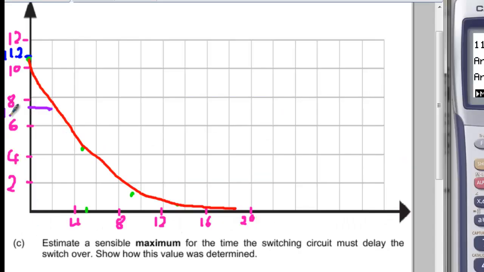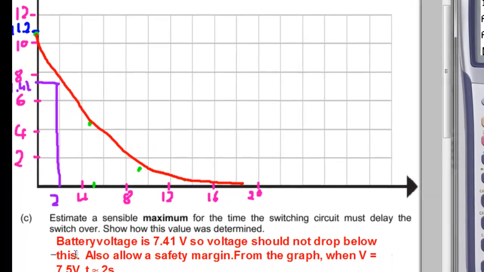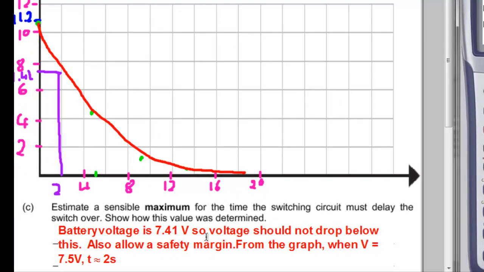So around 7.41 volts is when the switching circuit needs to come on, and we're looking down here at around 2 seconds. Or a written answer, something like battery voltage is 7.41 volts, so voltage should not drop below this. Also allow a safety margin. From the graph, we're looking at around 2 seconds.